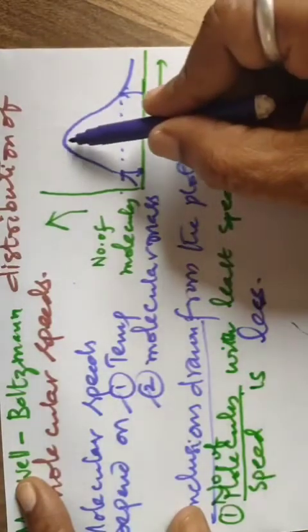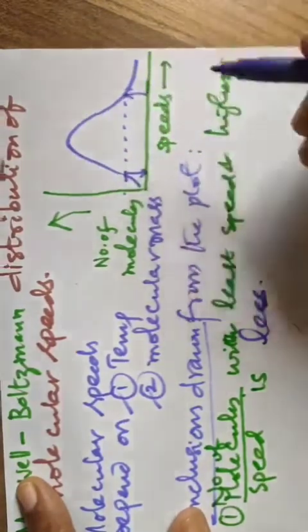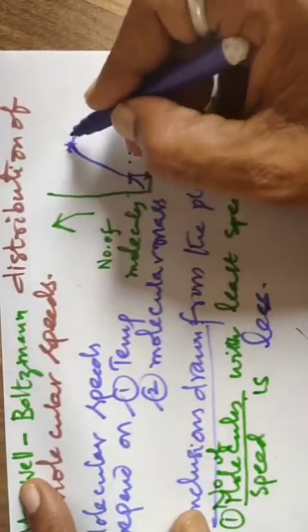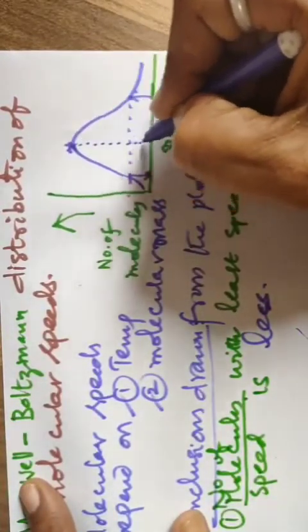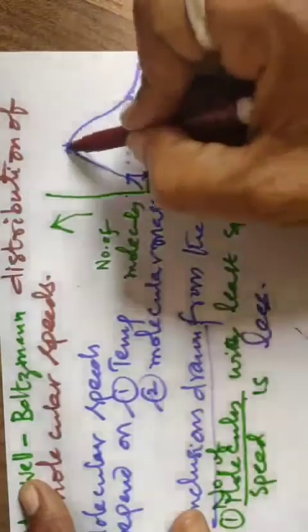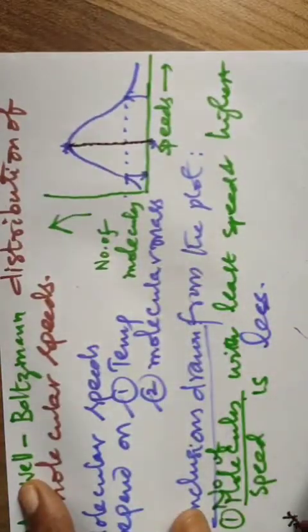A certain fraction of molecules possess some intermediate speed. This is the maximum number of molecules possessing a particular speed, which I have marked, and this is very important.